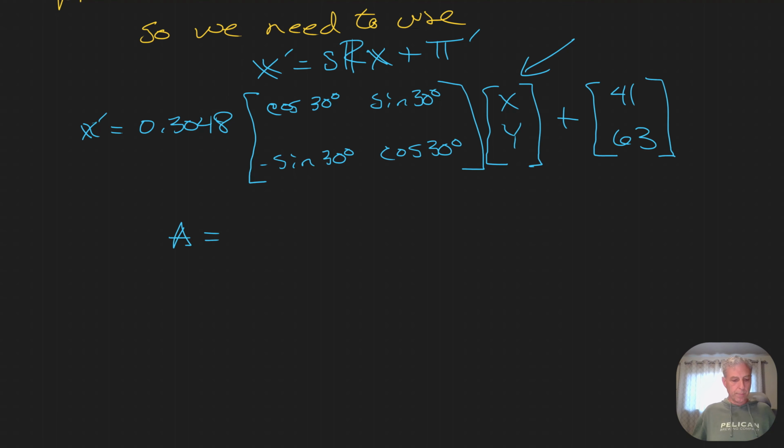We'll start with point A, which has 0, 0, and that, we'll note, is the origin of our original reference frame.